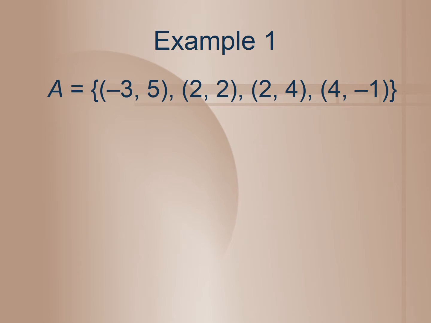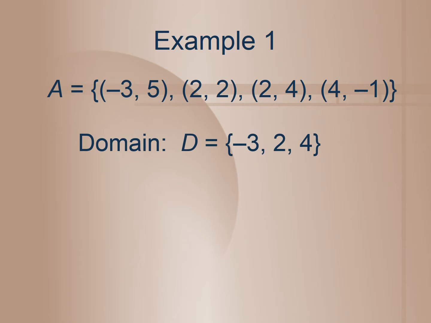So here we have an example. We have a relation, and relations are usually indicated with a capital letter because it's a set. So here's relation A, and it has the ordered pairs (-3, 5), (2, 2), (2, 4), and (4, -1). Our domain is the set of our x values.